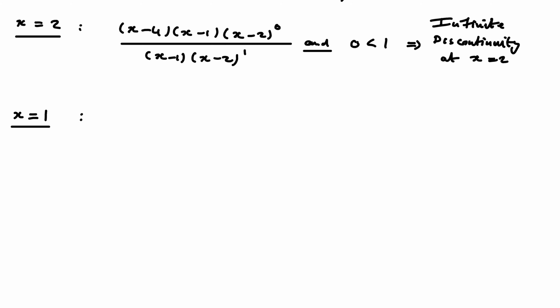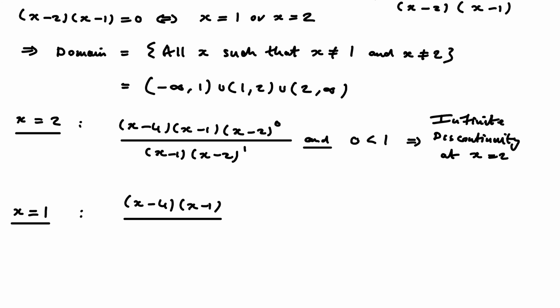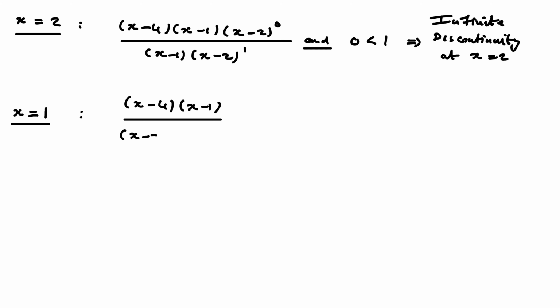Now, x is equal to 1. This is x minus 4, x minus 1 on top, and x minus 2, x minus 1 on the bottom. But now that's obviously a 1 and a 1. So now it's not bottom heavy. It's the same on top and bottom.